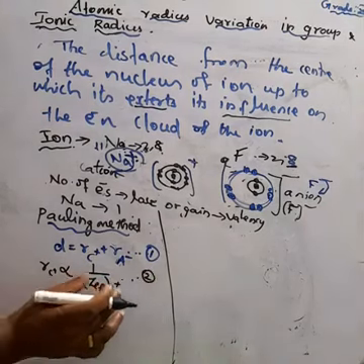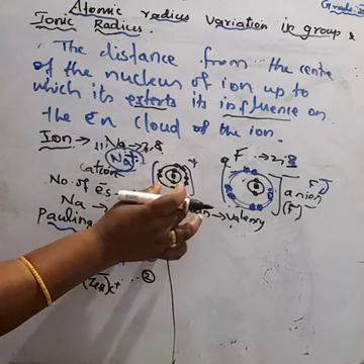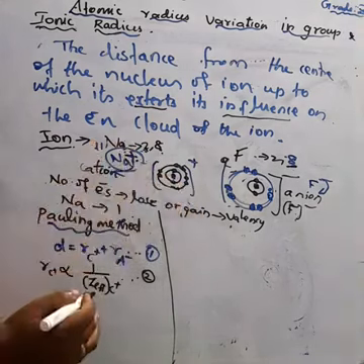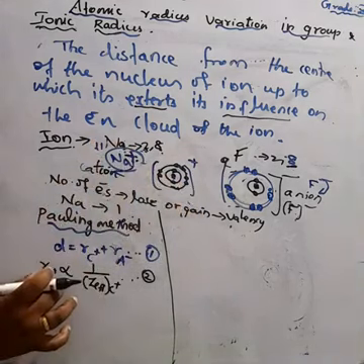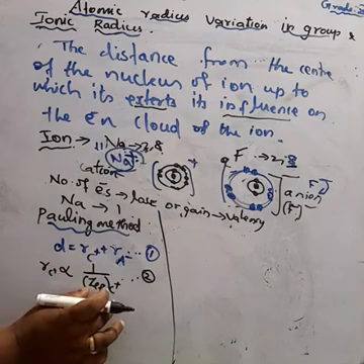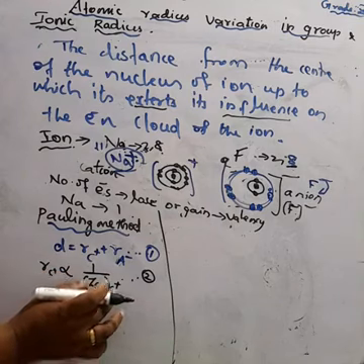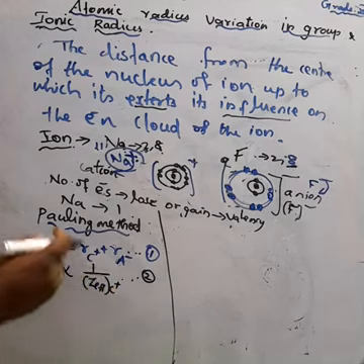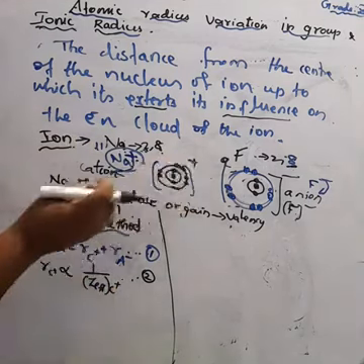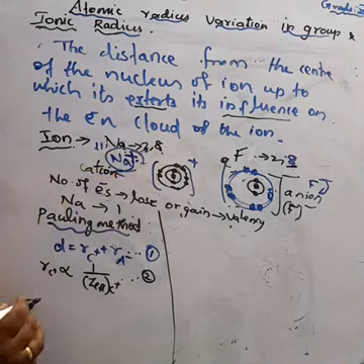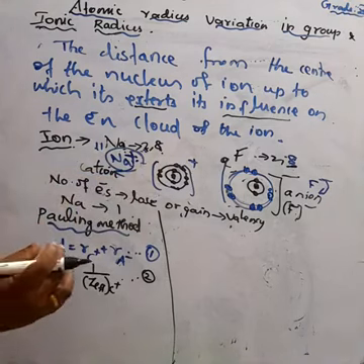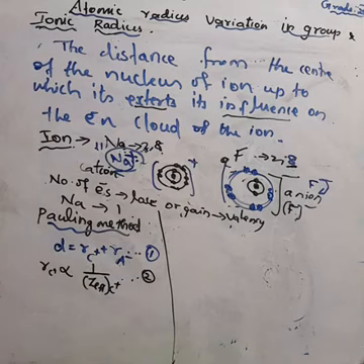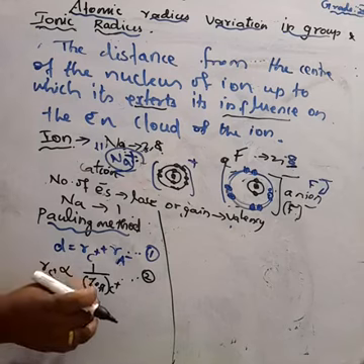When the effective nuclear charge, that is the effective nuclear force, is high, the radius will be low. The electrons are attracted by the nucleus very tightly, so the electrons come towards the nucleus. So the radius of the cation will be low.